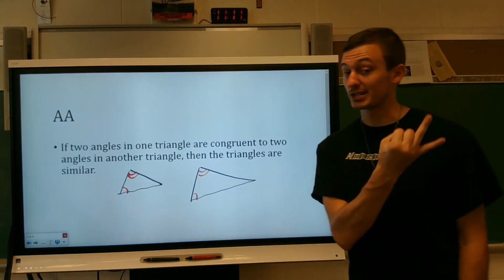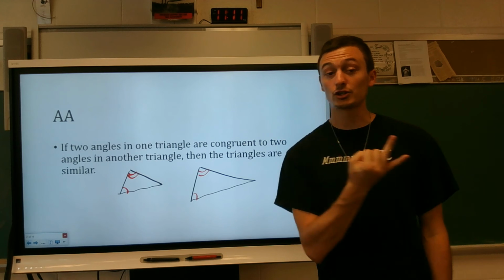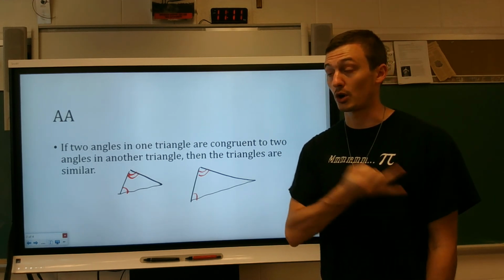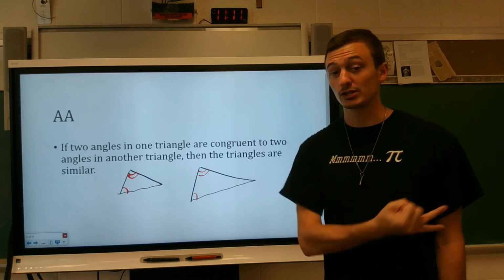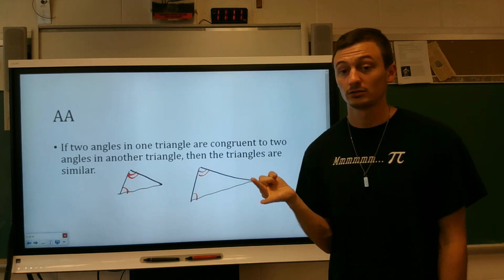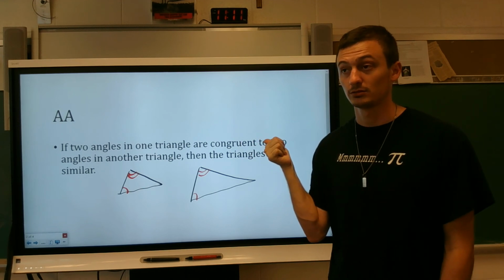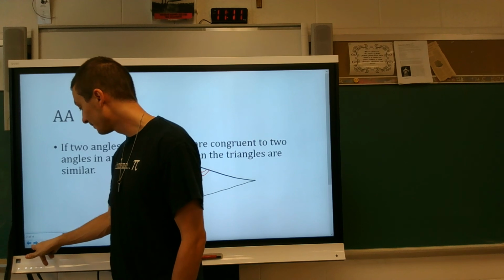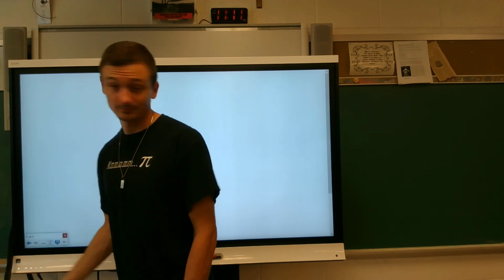If I know two angles, that's all I need. I don't care about an interior or an exterior side, or an included or an excluded side. If I have two angles, that's all I need. So angle, angle, side, or angle, side, angle don't really matter, because I have this one. And that's all I need. So yeah, that's it. Neat.